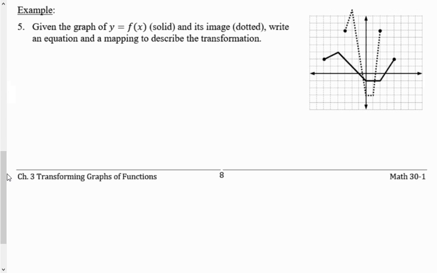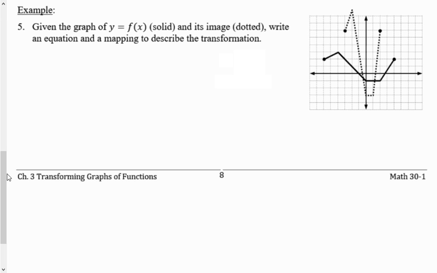We're given the graph y equals f of x, and it's the solid line that's drawn, and then its image. Whenever we do a transformation, we talk about the original shape as the object, and the result after the transformation is the image. In physics you may have talked about that when you talked about reflections.